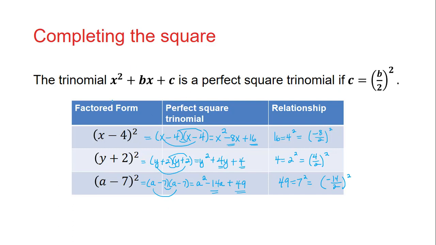So it turns out that in a perfect square trinomial, the constant term is always going to be half of the coefficient of the linear term, squared.